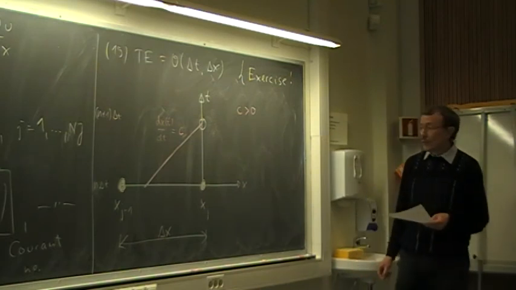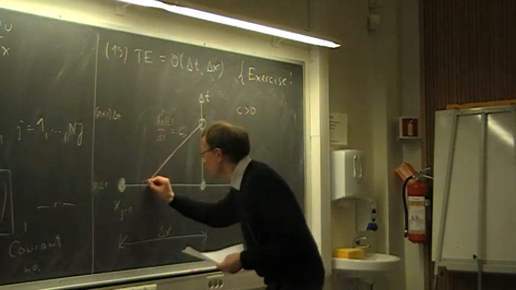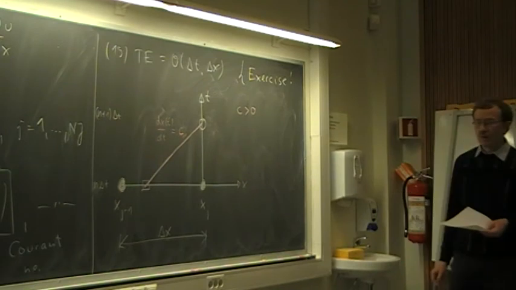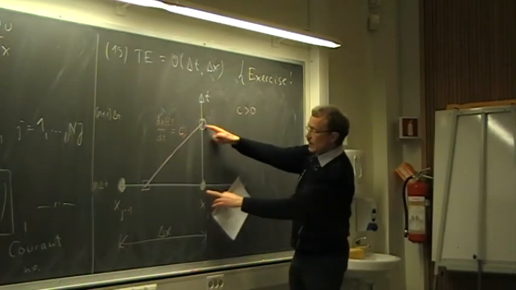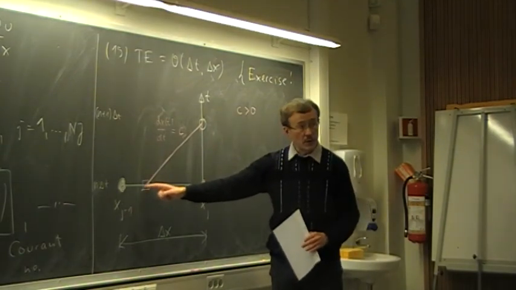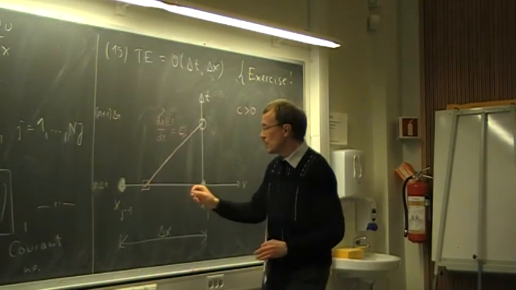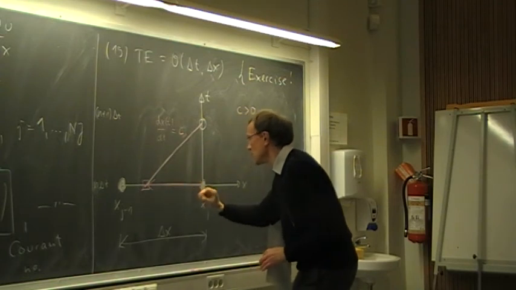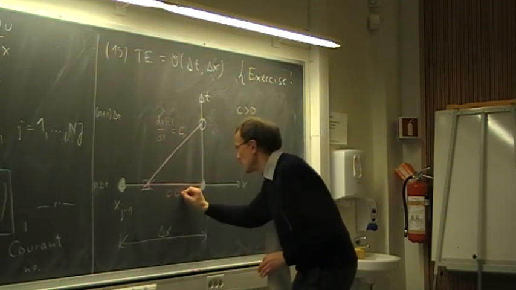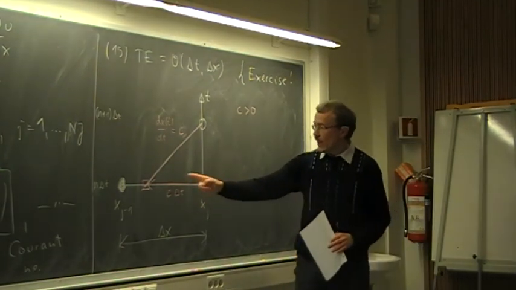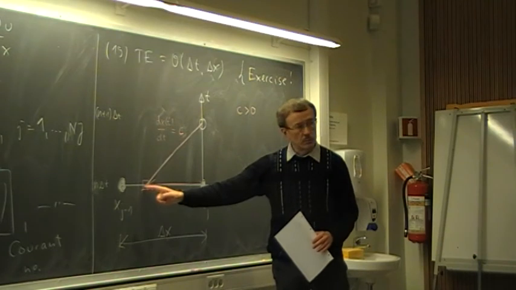So the solution would be determined by this point here. What is this point? We know it. Because this is Δt, and the distance that is traveled within the time Δt is c times Δt. So this distance here is c times Δt. That means it is x_j minus c Δt. That is the point.